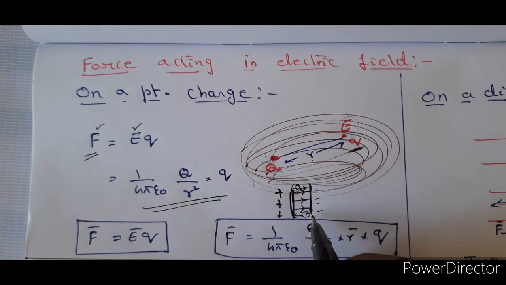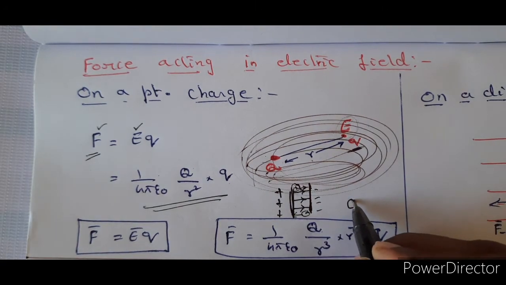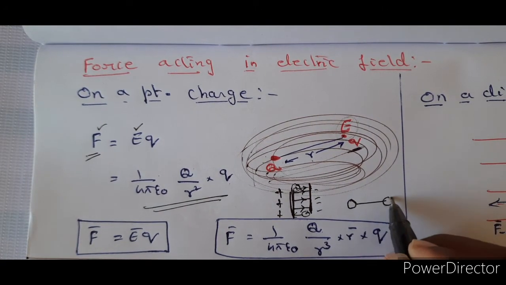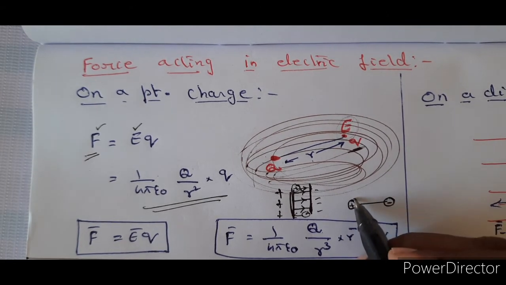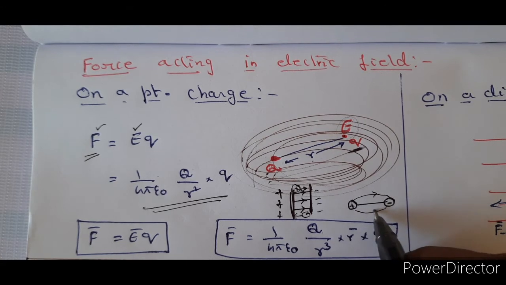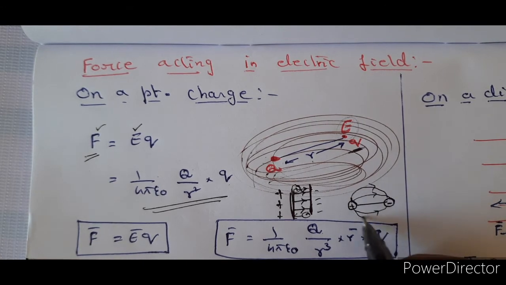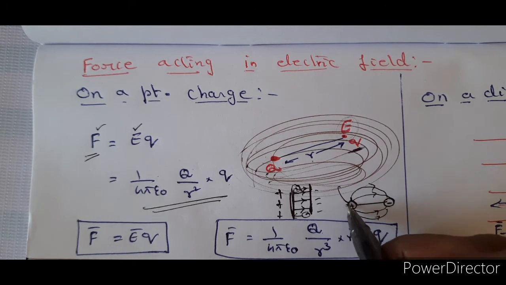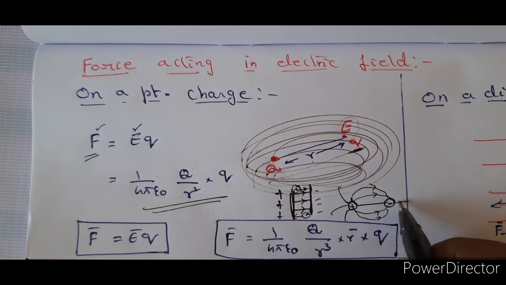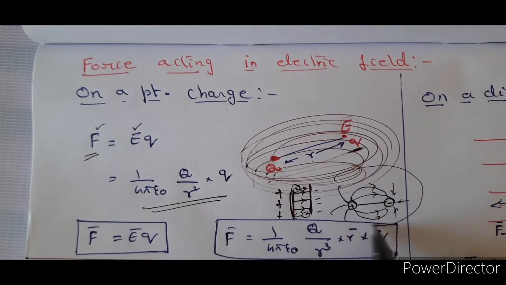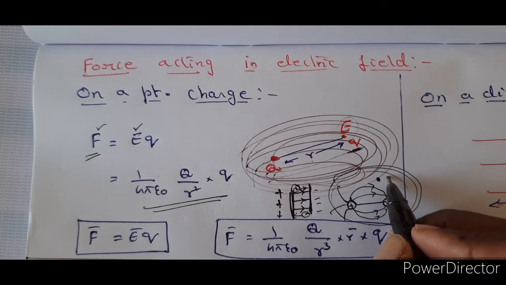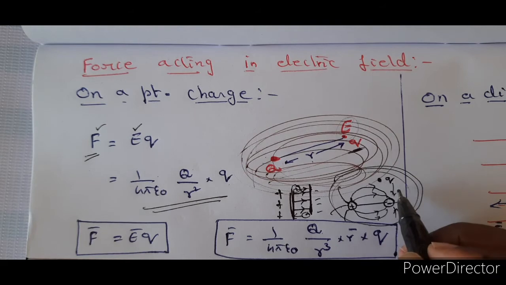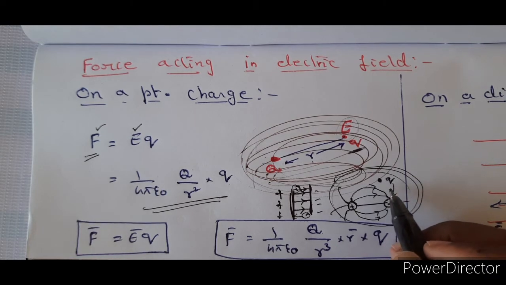Now if it is a non-uniform field, let us suppose you have a dipole. Very good. This is how the lines of force of a dipole look. That means definitely this is a non-uniform field around the dipole. So in this field, if you leave a point charge Q here, what will happen?